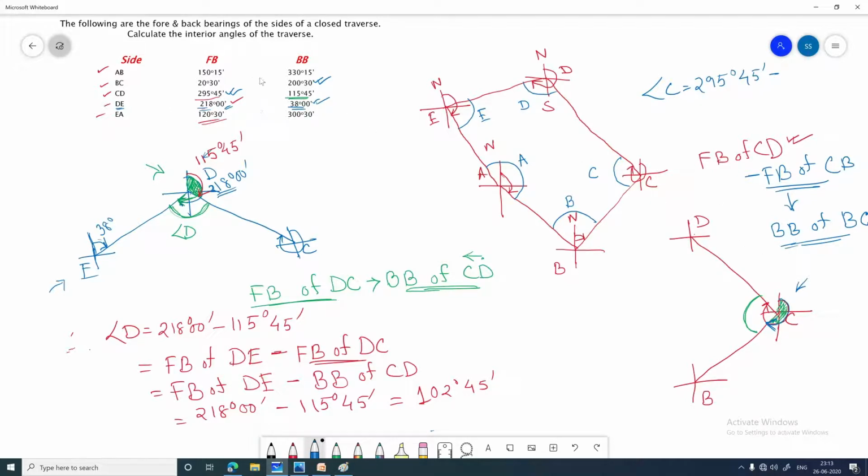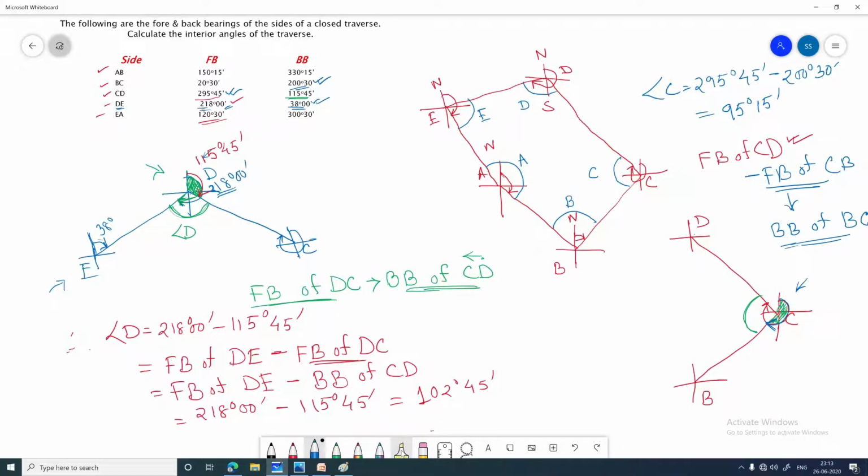Back bearing of BC is 200 degrees 30 minutes. Okay, so understood. So what will be the value of angle C? It is 95 degrees 15 minutes. 95 degrees 15 minutes. Very easy.